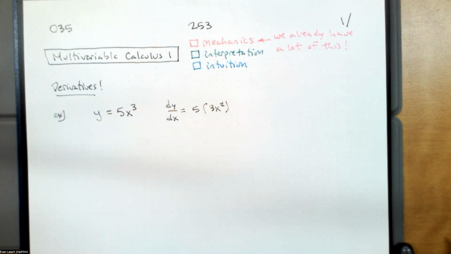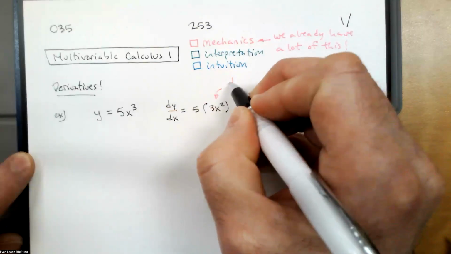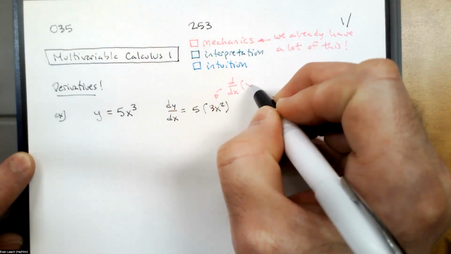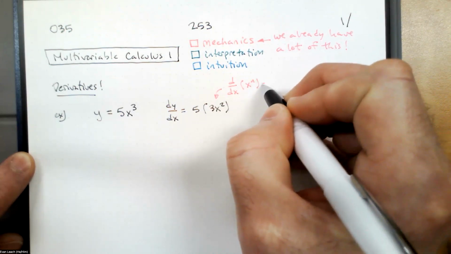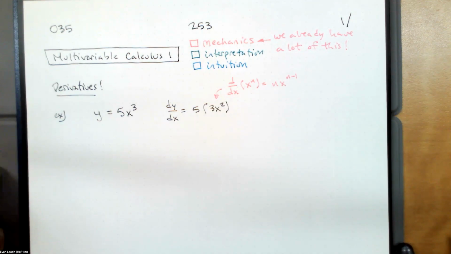The 3x squared part is us doing nx to the n minus 1. The derivative with respect to x of x to the n is nx to the n minus 1. We multiply by the exponent, we subtract 1 from the exponent.